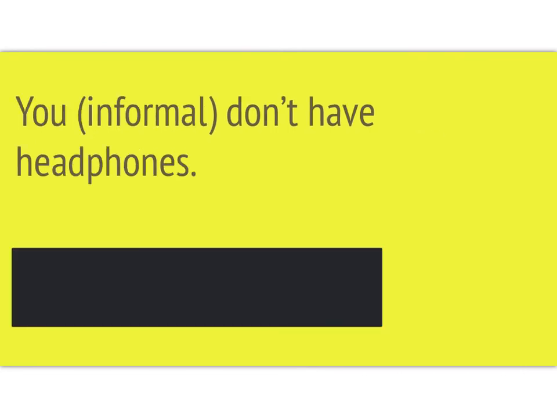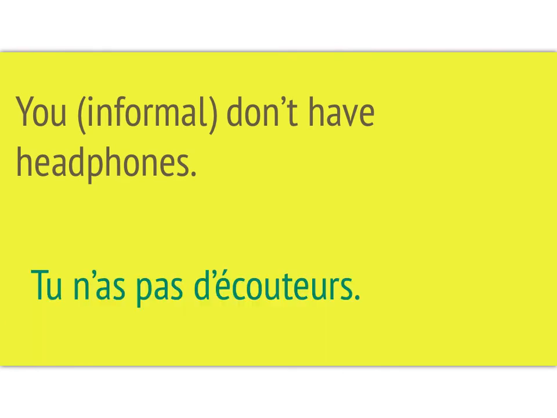You informal don't have headphones. "Tu n'as pas d'écouteurs." So remember, in English we can say you don't have headphones. We could also say you don't have any headphones, and that's that key word that the French always use that we can kind of choose when to use it.